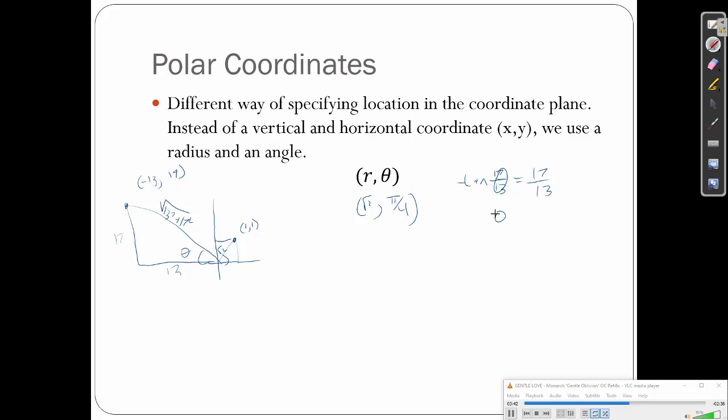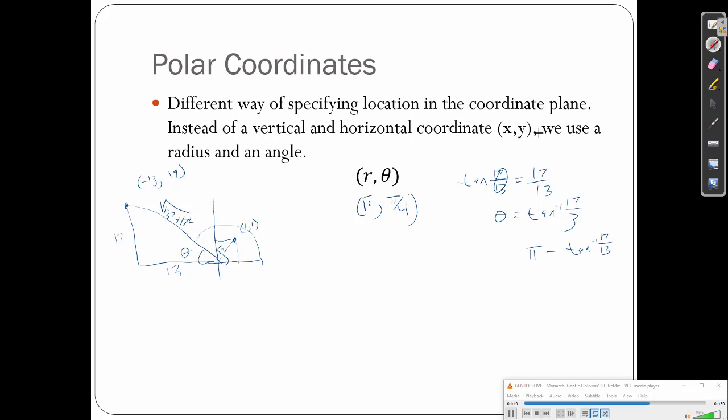So theta would be, well, not quite the inverse tangent of 13. The actual theta would be the inverse tangent of 17 over 13. But the actual angle I'd want from here would be pi minus inverse tangent of 17 over 13, because this is the inverse tangent of 17 over 13. I'd want this angle, which is 180 degrees, or pi, minus this angle. And you could then calculate those values.